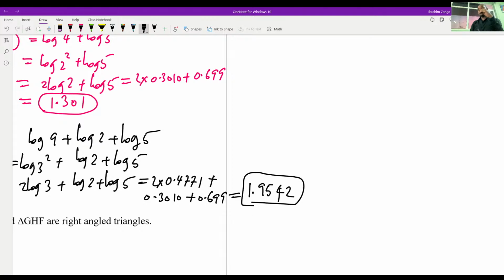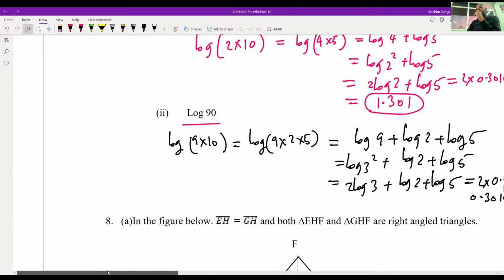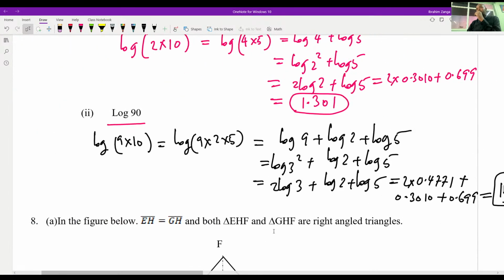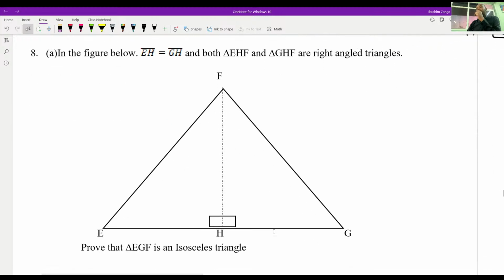So that is the solution for question number 7. And now we are going to start question number 8. In question number 8, in the figure below, EH equals GH, and both triangle EHF and triangle GHF are right-angled triangles.